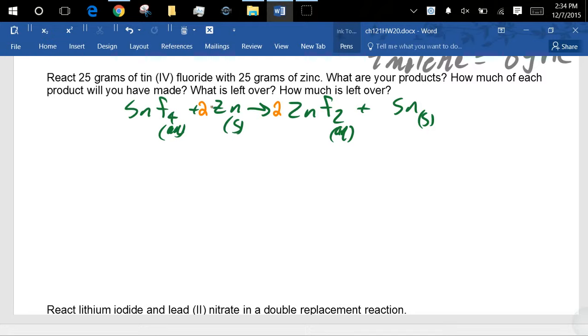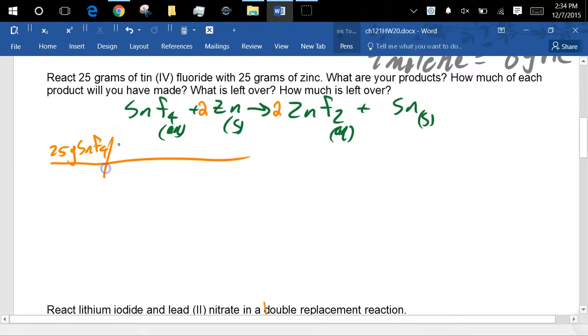Okay, so I'm going to start off with 25 grams of SnF4, 1 mole SnF4, grams SnF4.